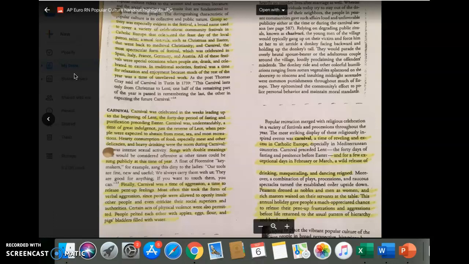It came right before Lent, and so it's allowing the people to release a lot of their aggression and sow their wild oats, just kind of let loose before the official period of Lent begins, where you have to abstain from all of these wild activities like drinking and dancing and having all of these free lifestyles, okay? So again, the Catholic Church approves of Carnival.